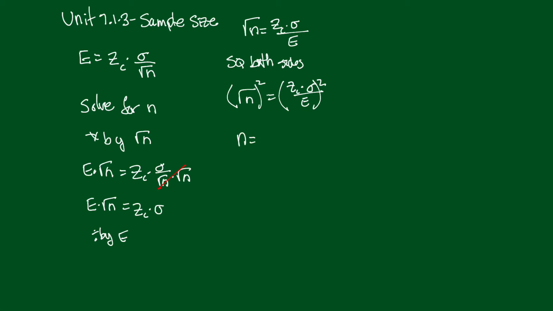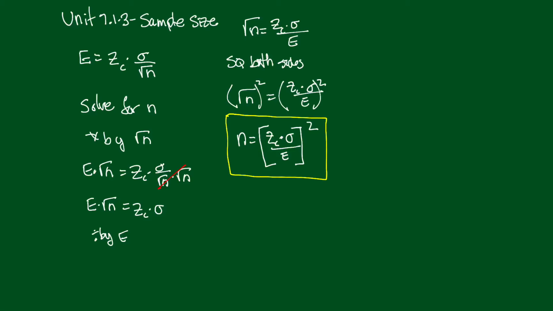We get n is equal to, I'm going to write it in a bracket here, z sub c times sigma all over the maximum error of the estimate, and this gets squared. So there is our formula for finding the sample size necessary to get a certain level of confidence with a certain maximum error.